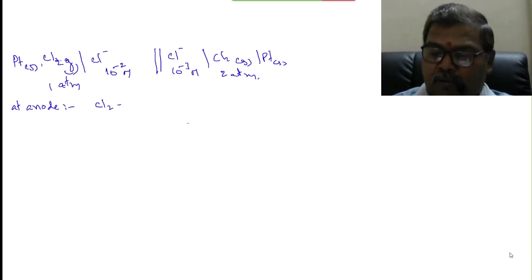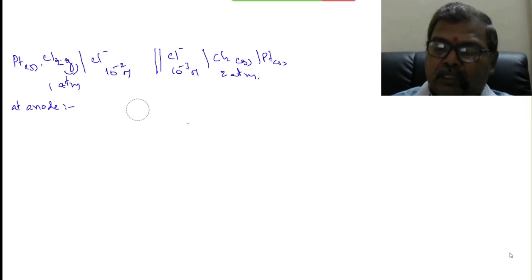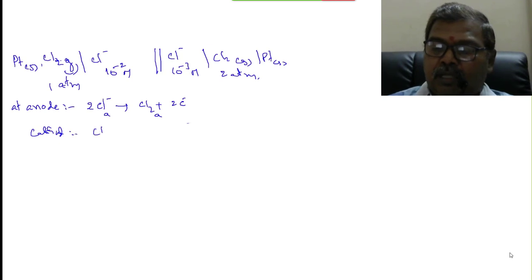So the oxidation reaction we have to write: 2Cl minus gives rise to Cl2 plus 2 electrons. To differentiate, I am writing A for the anode and C for the cathode. Cl2 plus 2 electrons gives rise to Cl minus in the cathode half cell.